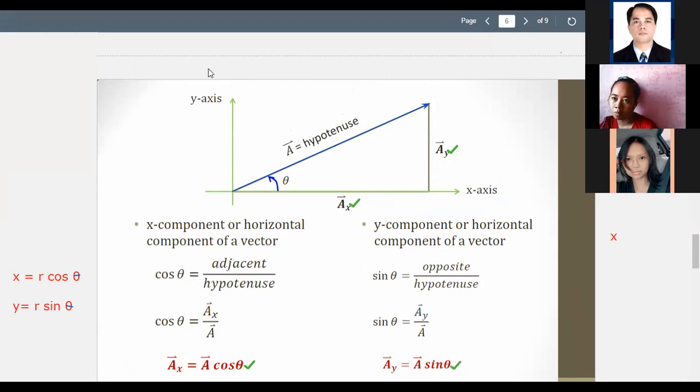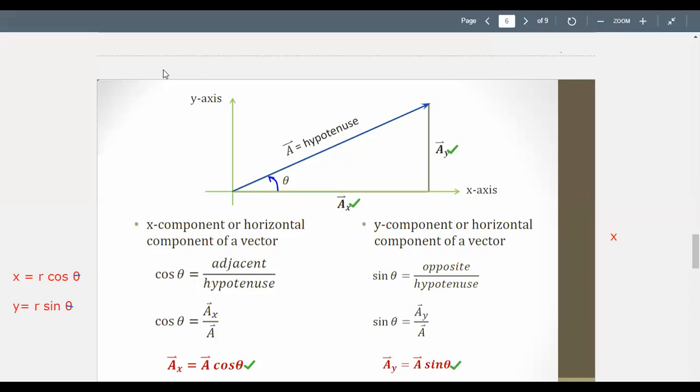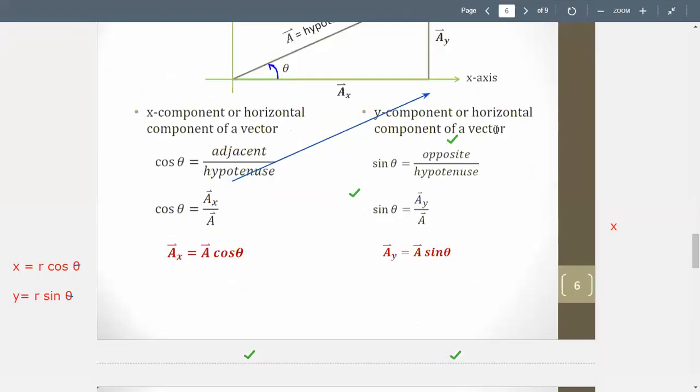We already mentioned that. Sometimes these vectors are drawn in quadrants 2, 3, or 4, and they will have a varying sign. Sometimes they will become positive or negative, depending on where they are located.